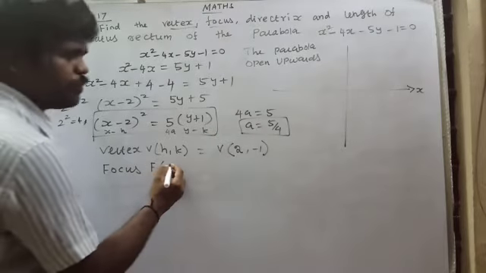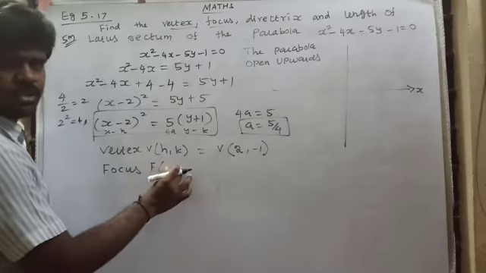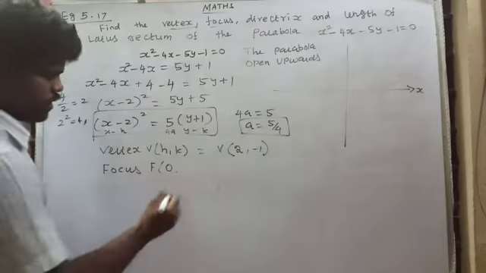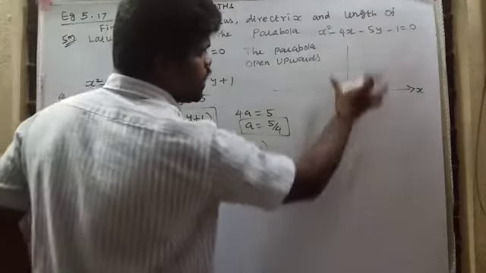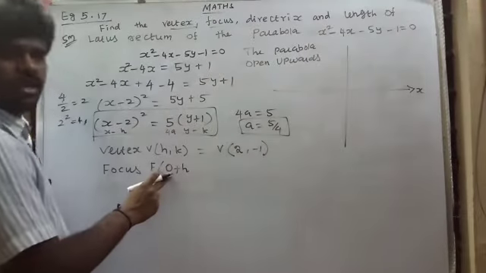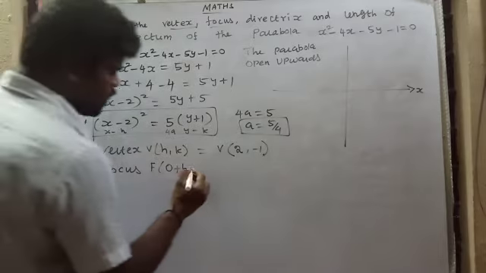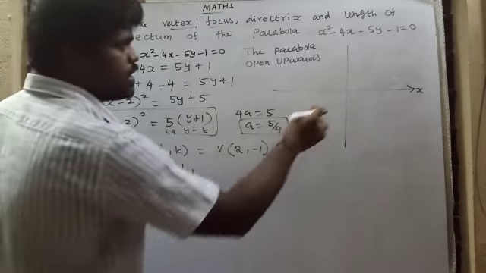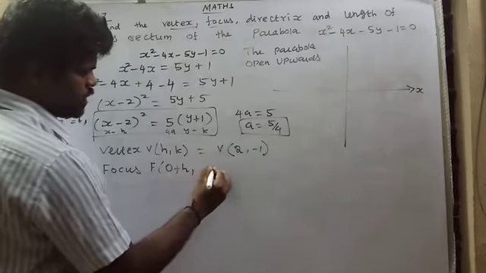So we have to find the focus. This is the y-axis, so we can write here 0 plus h, comma k, because this is the y-axis term. The x distance is h only, because we have to add a constant 0, and the y distance may be changed, so this is h comma k.